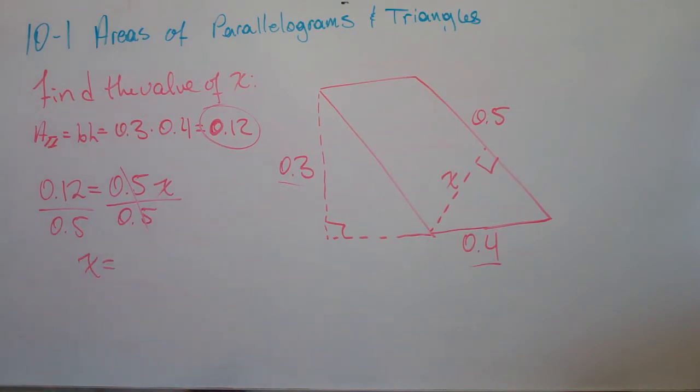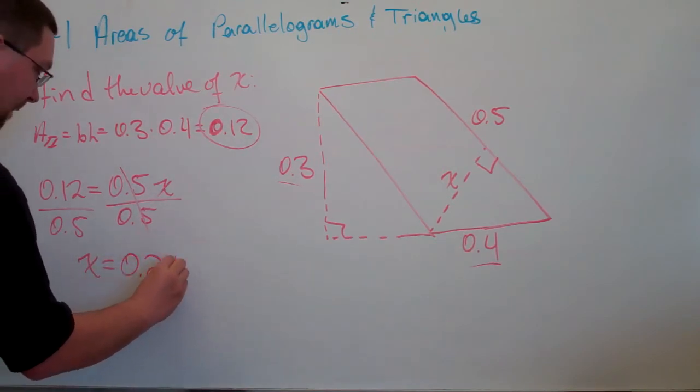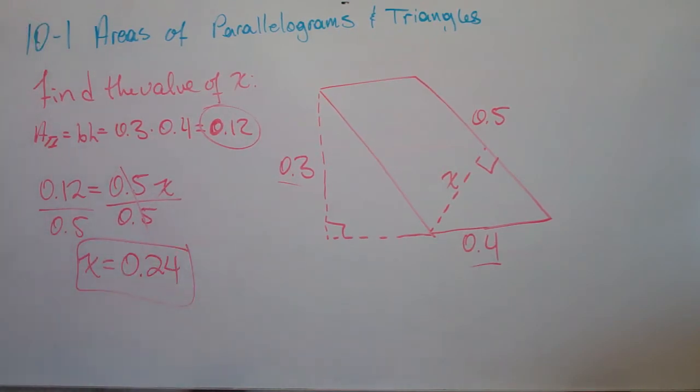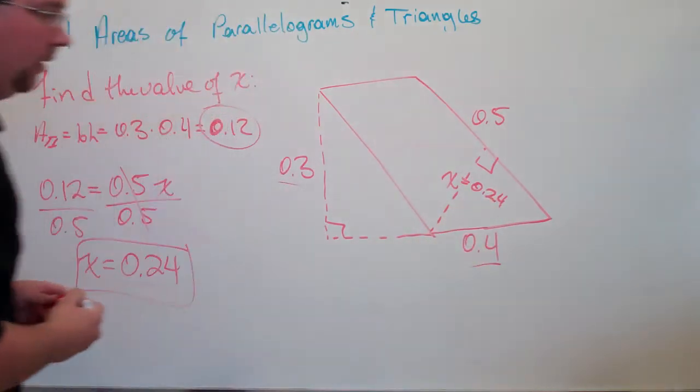So x should equal 0.24. Because 0.5 times 0.24 gives us the 0.12, which is our area. So x here equals 0.24.